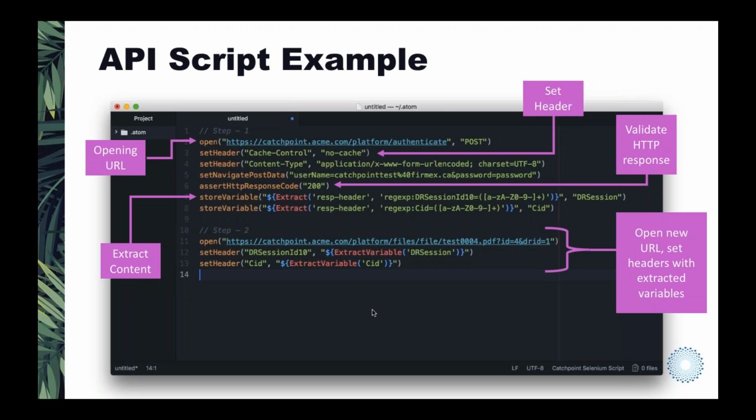So this is quite a complex example, but it just shows you how flexible the API scripting capabilities are. It also shows you that it's not just hitting an endpoint and checking whether the endpoint is up. We're communicating with the endpoint, we're talking with the endpoint, we're getting responses back, and we're using those responses to formulate subsequent requests to the API endpoint in question.